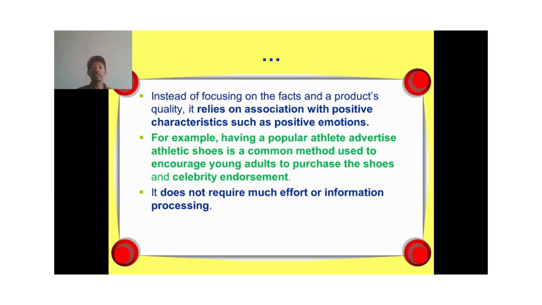It is based on classical conditioning, simple association, emotional. You remember that the emotional component of our attitude is based on classical conditioning, association between unconditioned response, unconditioned stimulus, and neutral stimulus to produce this conditioned response.